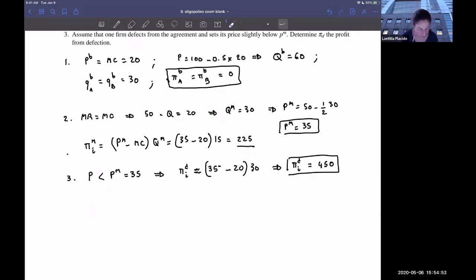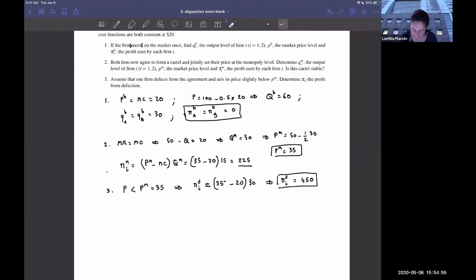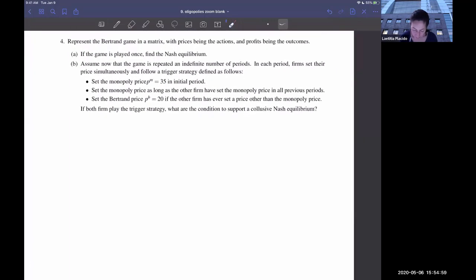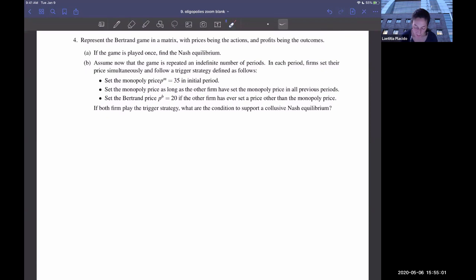All right, so we have the profit from deviation. Now let's move to question 4. That's our last question. Represent the Bertrand game in a matrix, with price being the actions and profit being the outcome. Here we have calculated the profit when both firms behave as in Bertrand.